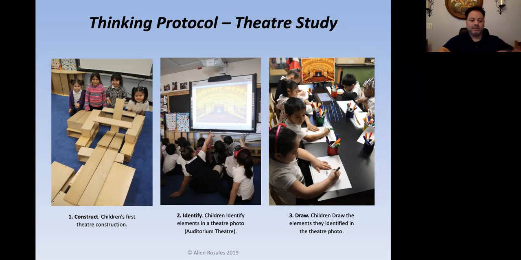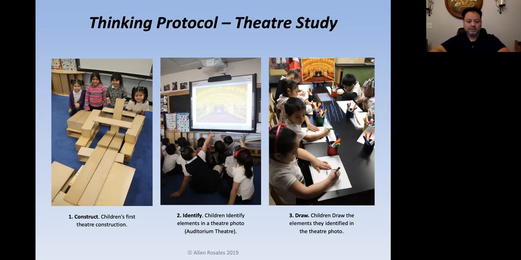And so what the teacher did the following day, they brought a photo and they used a smart board. You can use a projector, a big picture, a computer, a screen monitor. And they showed the Congress Theater, right? That's downtown. That's this beautiful space.